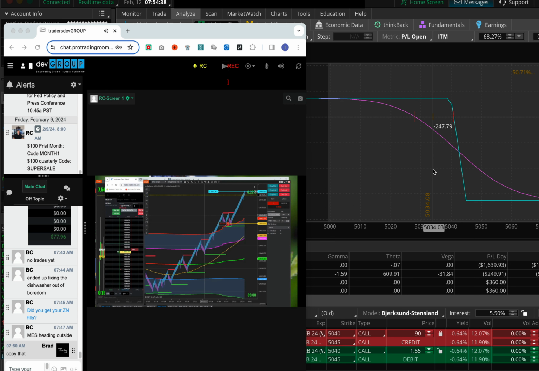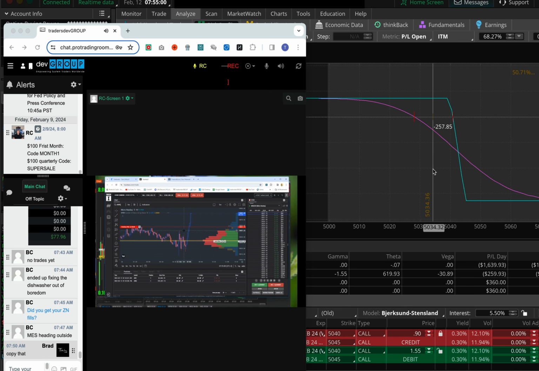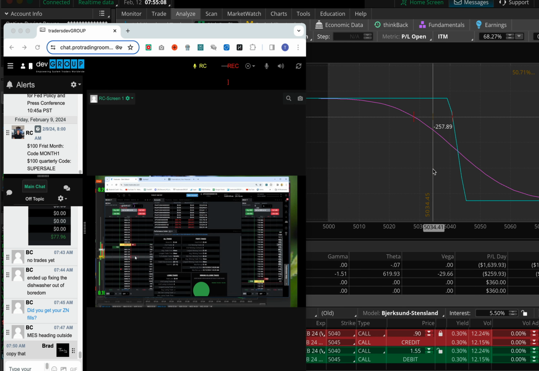Nasdaq's now above my Friday short entry. Every tick a new high, 50, 50, 250.